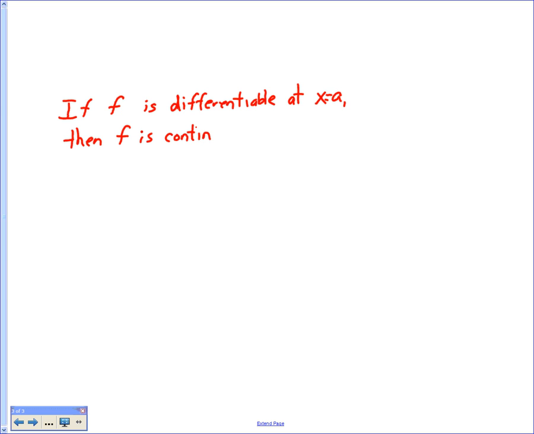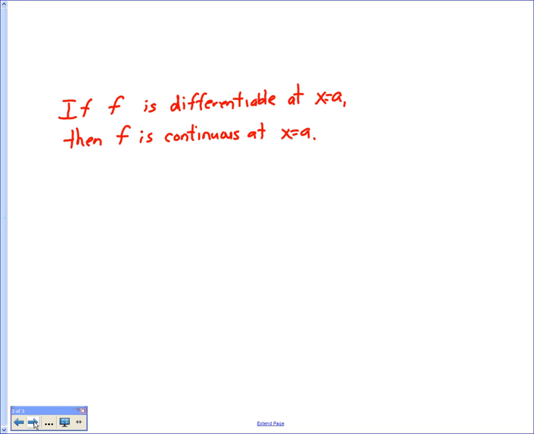Now let's finish off by relating differentiability with continuity. If a function is differentiable at x equals a, then f is continuous at x equals a.